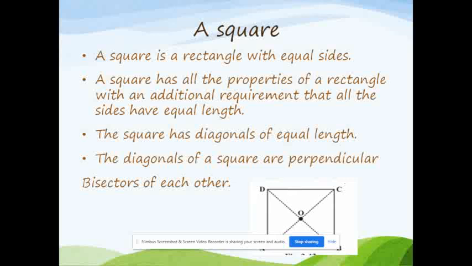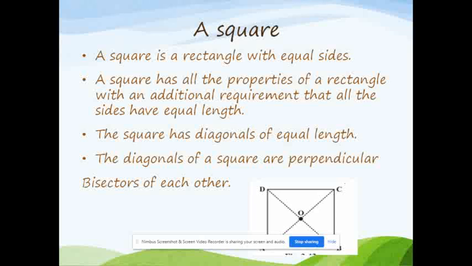Then a square is a special parallelogram. A square is a rectangle with equal sides, because a rectangle has opposite sides equal, but in a square all the sides are equal. A square has all the properties of a rectangle, with an additional requirement that all the sides have equal length.